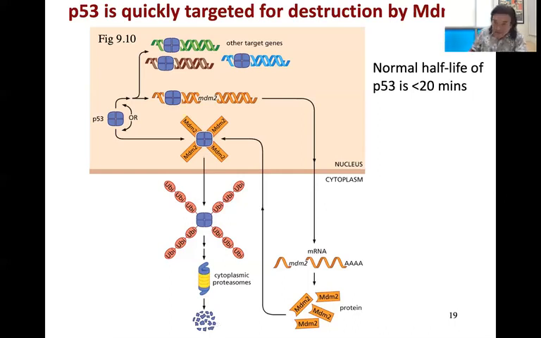So this is kind of like the concept of how beta-catenin is regulated, right? Our cells always make beta-catenin, but beta-catenin gets phosphorylated by the APC-GSK3 complex, and then that phosphorylated beta-catenin gets sent for recycling, right? Here, it's p53 being targeted by Mdm2, and it gets ubiquitinated, and that sends p53 to the bin.